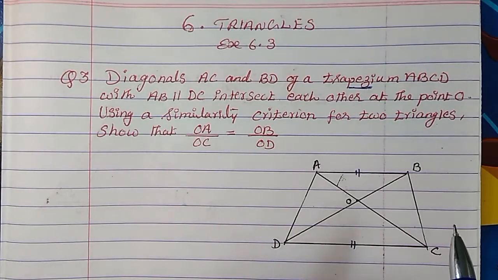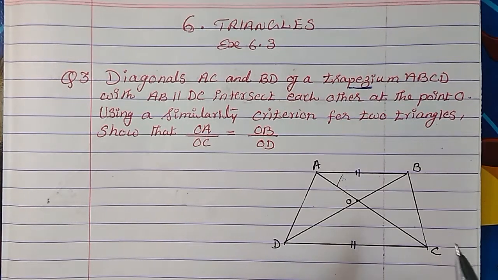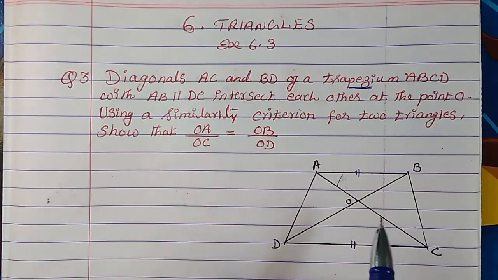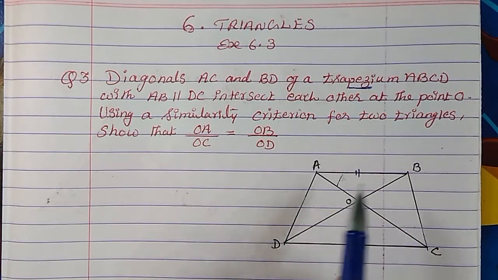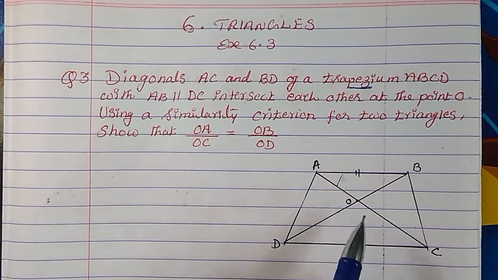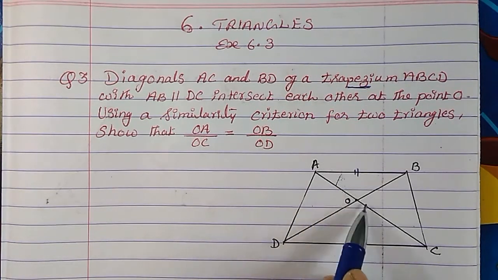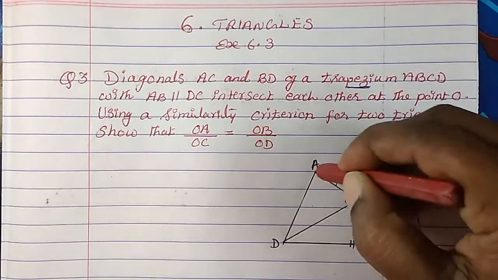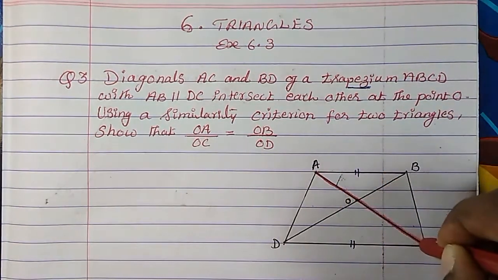Now we have to take two triangles, then only we can compare and use the similarity criterion. So which two triangles shall we take? We have four triangles here. Which two shall we select? You see here OA upon OC, this side is given.